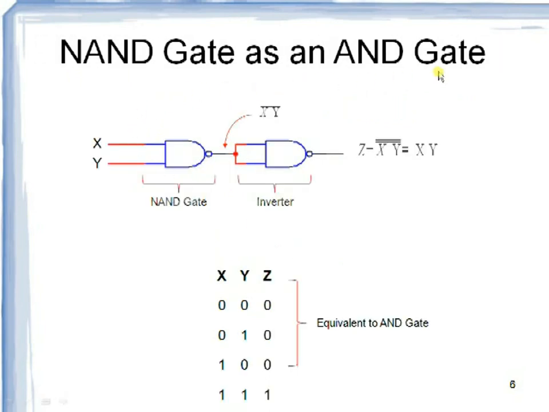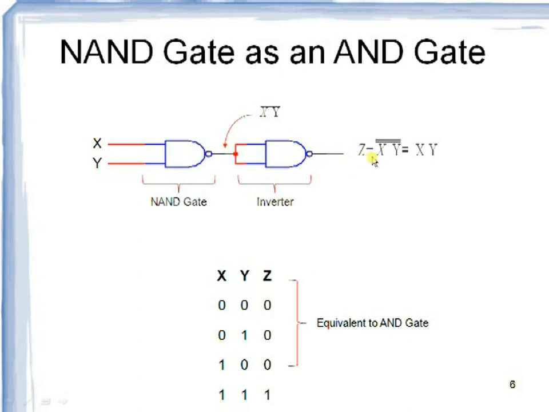Now NAND gate as an AND gate. Let us see how to design an AND gate with the help of a NAND gate. I have taken one NAND gate which receives two inputs, X and Y. The output of this NAND gate is (XY) whole bar. Now I have taken one more NAND gate whose inputs are tied together and given only one input, (XY) whole bar.